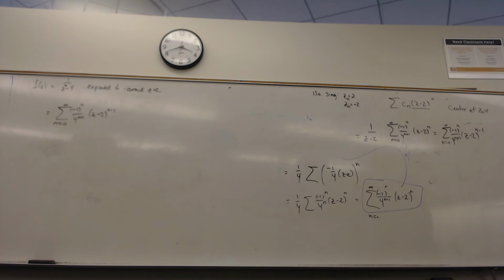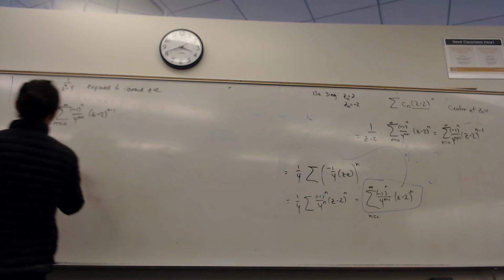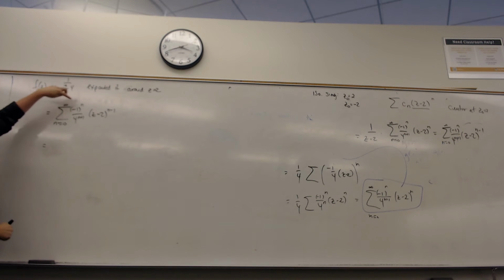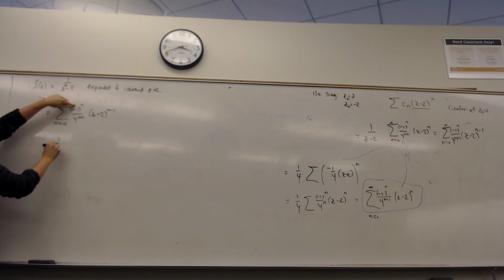What should happen if you integrate that on a closed contour? We could write this series down. So you start plugging in numbers here. If you put in (-1) to the 0, you get 1. So it's 1/4 times 1 over z minus 2.